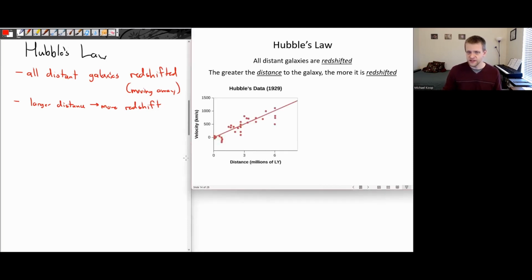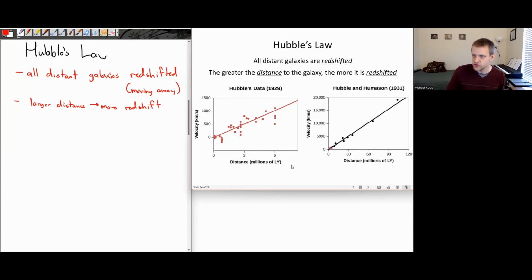And this is a diagram of Hubble's data from 1929. Notice that we couldn't at that time see galaxies very far away from us. So this is showing a little bit of an upward trend, but it's pretty noisy because if you're really close, we said all distant galaxies are redshifted. In our own local group, there are even a couple of galaxies moving towards us. But as you get further away, those galaxies start to be moving away from us.